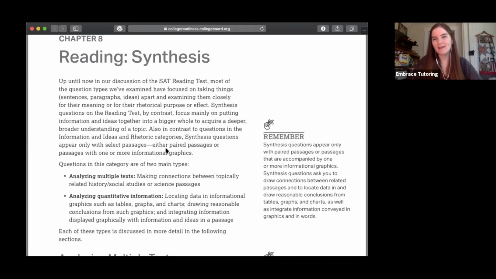So it's the why and the how, which is what analysis is, but it's also looking at what the overall significance is. So you're looking for a deeper meaning in the text. You're answering big questions, basically.